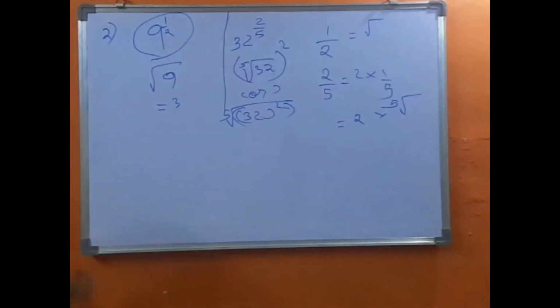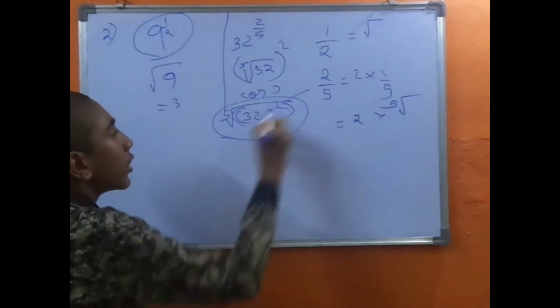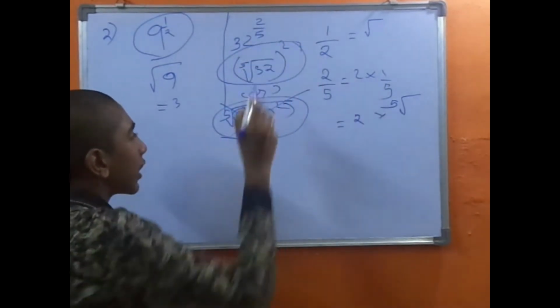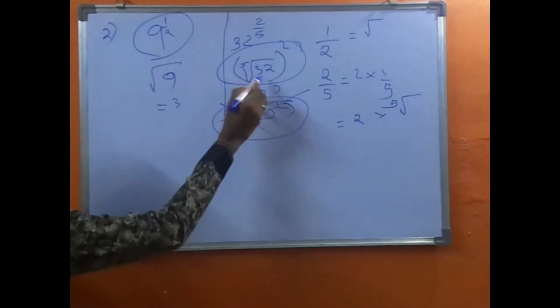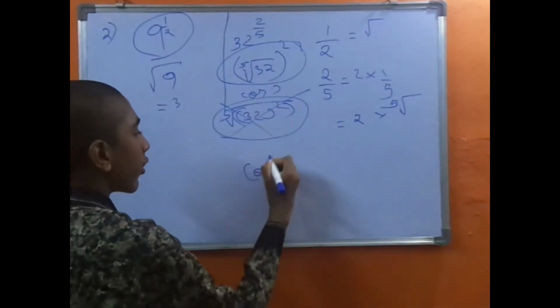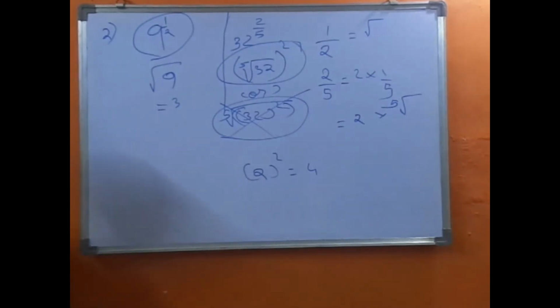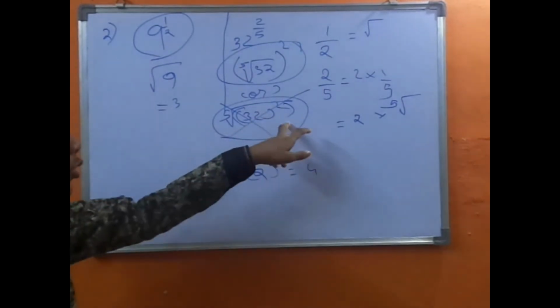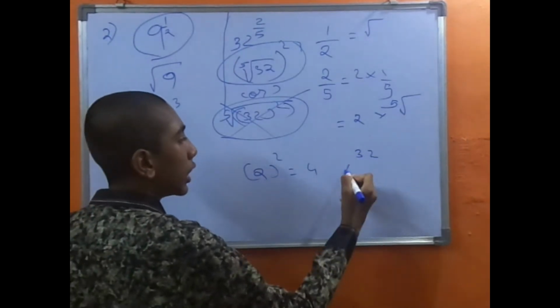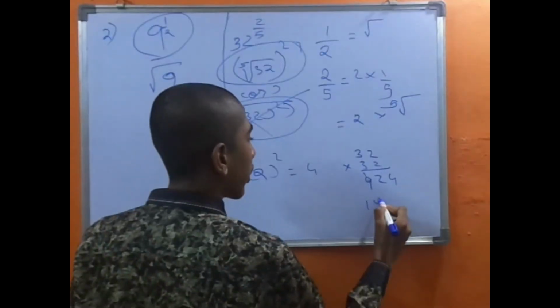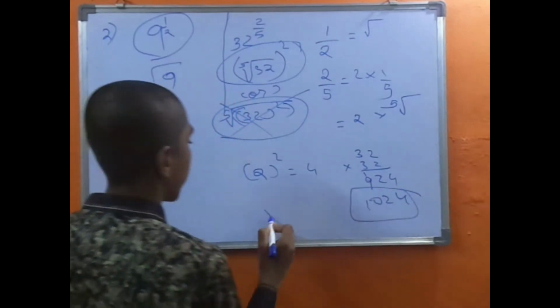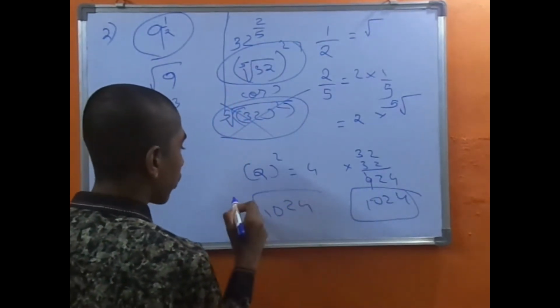So, for our calculations, this is the easy one and this is a little tough one. So, fifth root of 32 is 2 and its square is 4. Simple. If we do 32 square, so 32 into 32, 1024, and 1024 fifth root.